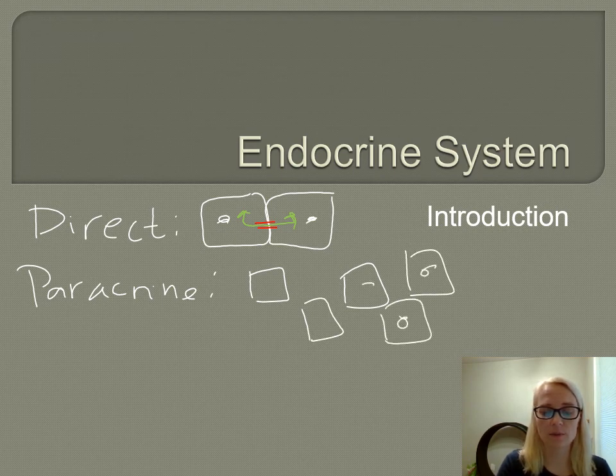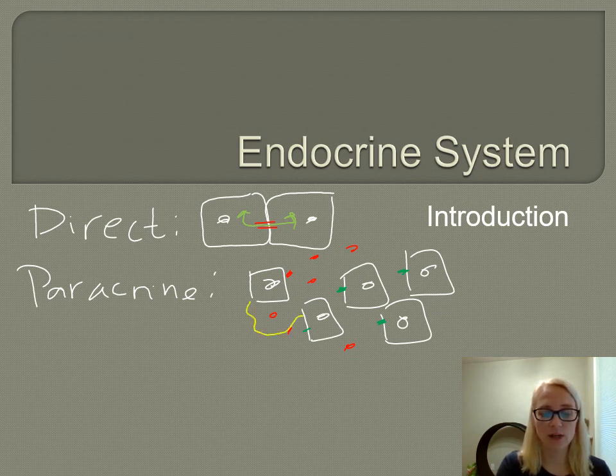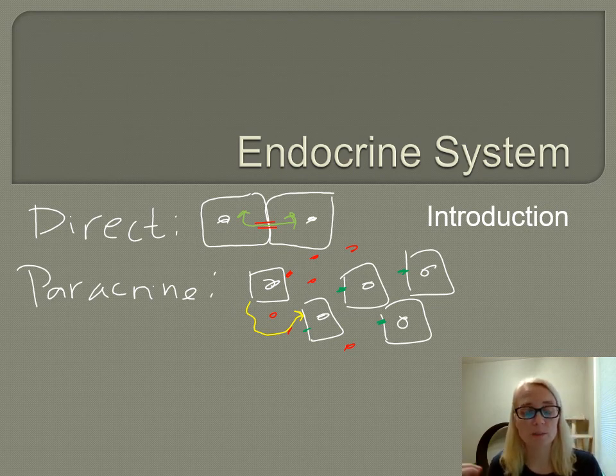Here are some cuboidal cells, and let's say one cell releases a chemical, and all of these cells have receptors that will respond to that chemical. Think of paracrine as local, like your neighborhood. It's not direct contact, because this cell is not touching these cells. It's a local chemical messenger that lands on a receptor of its neighbors.